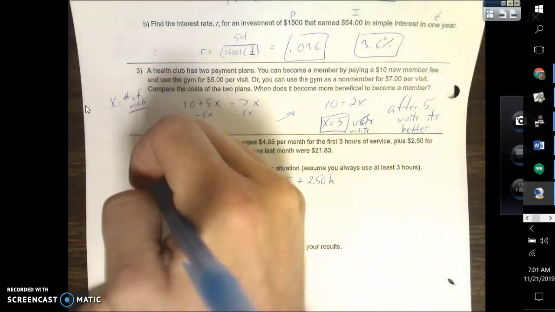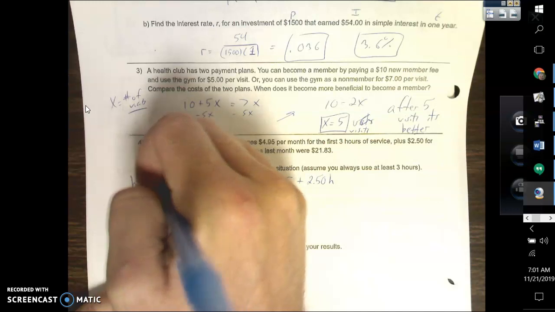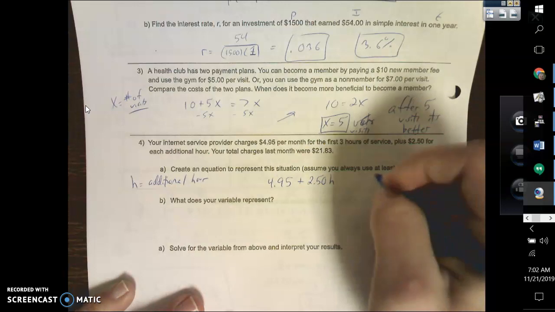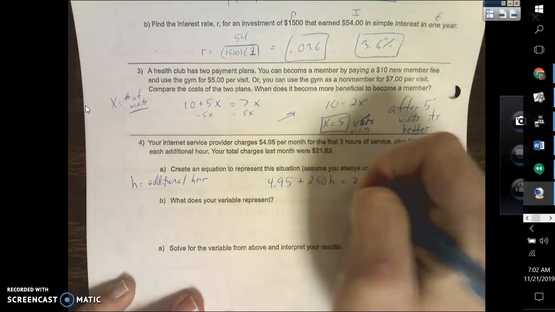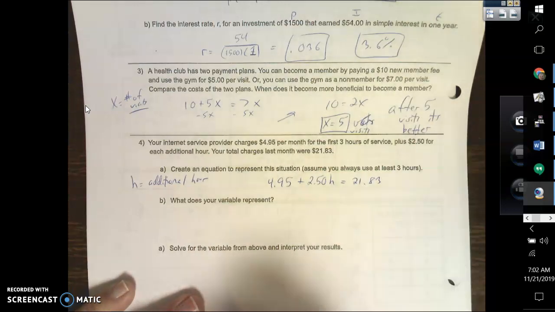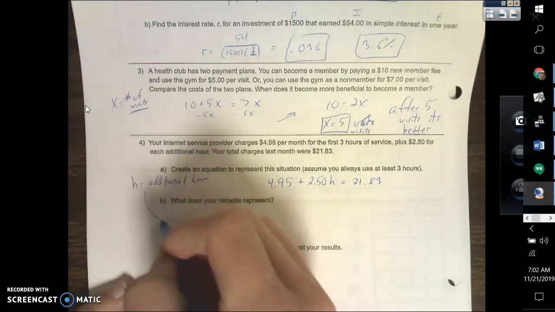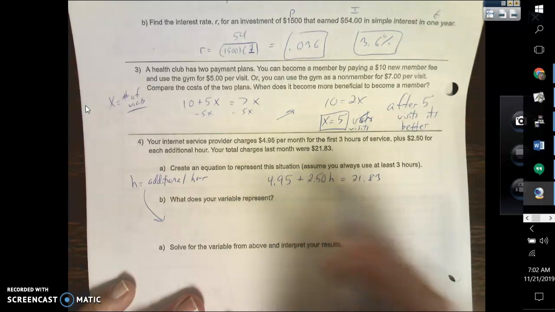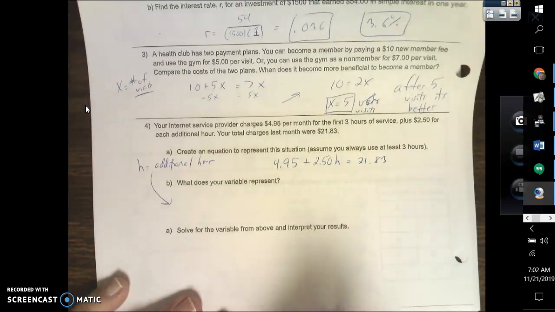H equals additional hour. And your total charges were $21.83. What is your variable? Additional hour. You can call it H, you can call it X, you can call it whatever you want.